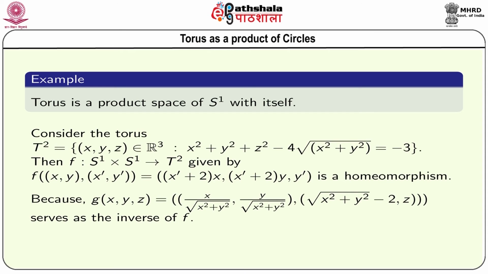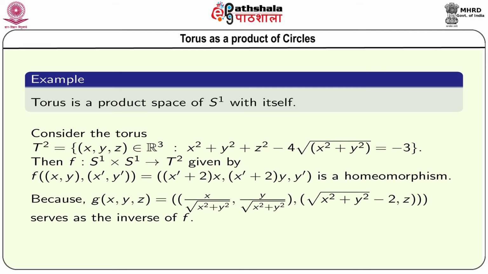because if you take the map G from T2 to S1 cross S1 described by this formula that G of x y z is equal to the pair with the first component as x by root over x square plus y square comma y by root over x square plus y square and the second component as root over x square plus y square minus 2 comma z, then this G is an inverse of F. So, since the function F is invertible, it is a bijection, and the description itself says that the function is continuous.